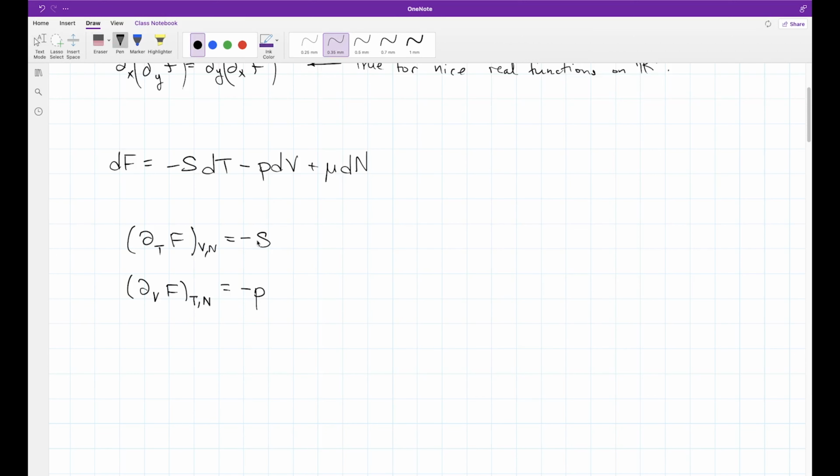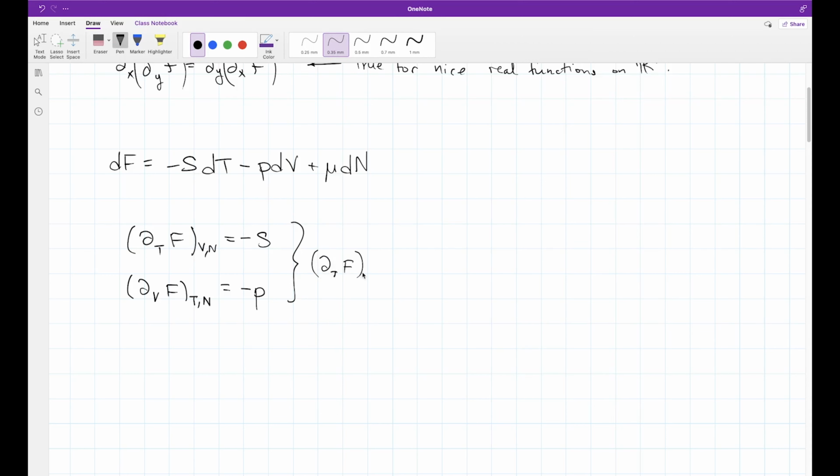Very good. Maxwell relations come when we need to take derivatives of these kinds of objects. So we're taking derivatives of the functions that appear as coefficients of these basis 1-forms. What we get from these two is the following.